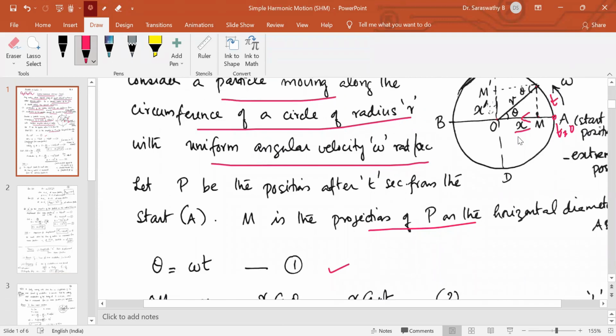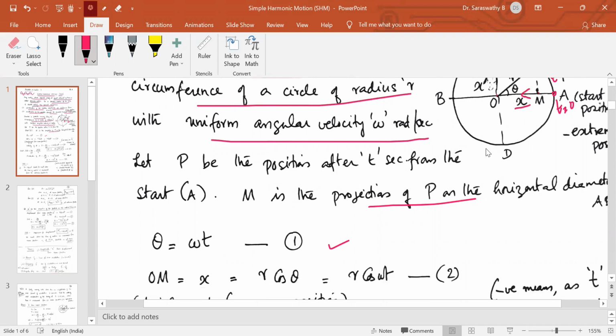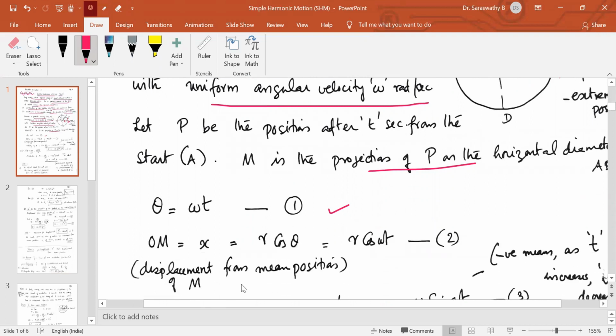Now what about x? This r is the radius vector, which is called the amplitude. The maximum displacement of this point is from O to A. That is the amplitude of motion. Looking into this triangle, x is equal to r cos theta. OM, the displacement from mean position, is equal to r cos theta, or r cos omega t.